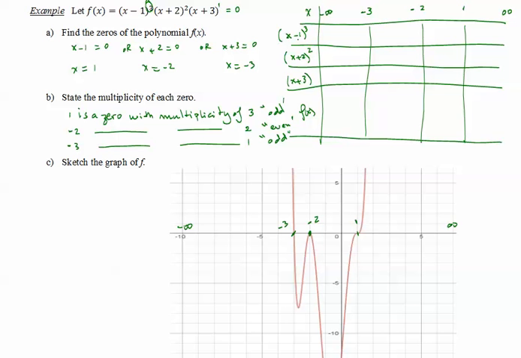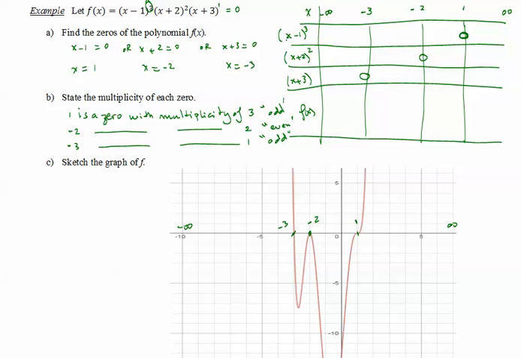So x minus 1 is equal to 0 when x is 1. So this is a zero for this term. The second term is equal to 0 when x equals negative 2. And the third term is equal to 0 when x equals negative 3. Now we could just pick any number less than 1 and plug it here.